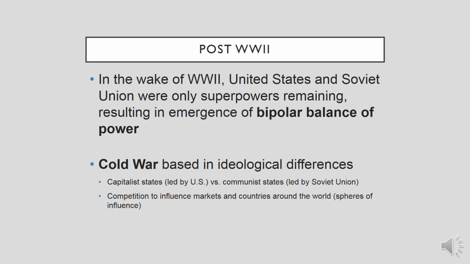In the wake of World War II, we really only see the United States in an internationalist or expansionist mode. And this is because World War II set up two hegemons, as it were, a bipolar balance of power. The two poles of power were the United States and its allies, and the Soviet Union and its allies.